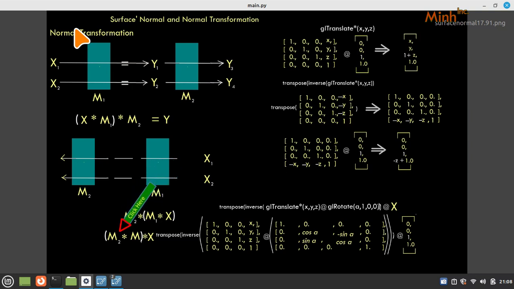M1 and M2 constitute a matrix. We are trying to get the transpose and inverse of M1 and M2. So if the input is transformed by M1 into M2, then how much would the normal get transformed? That is nothing but the transpose and inverse of these two multiplied.